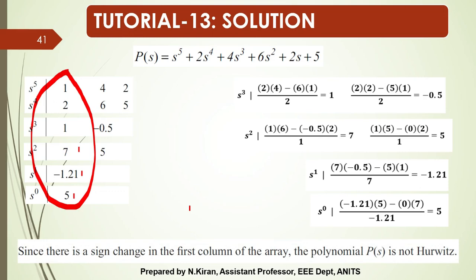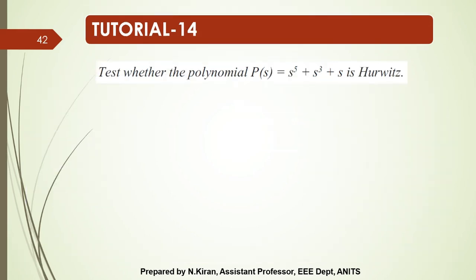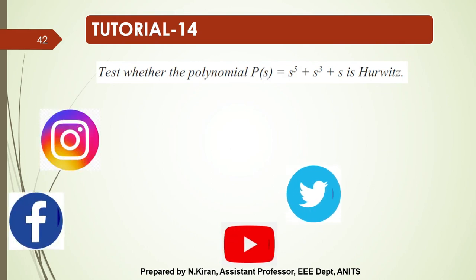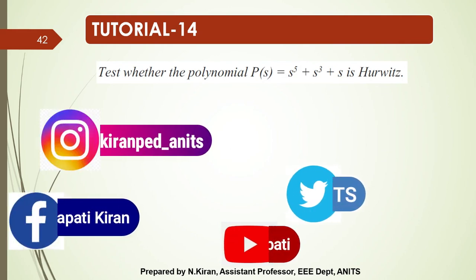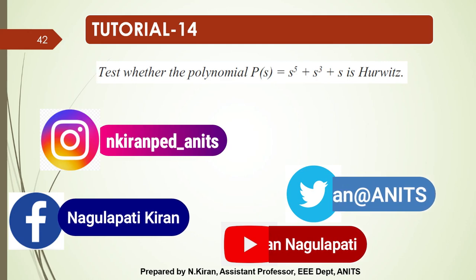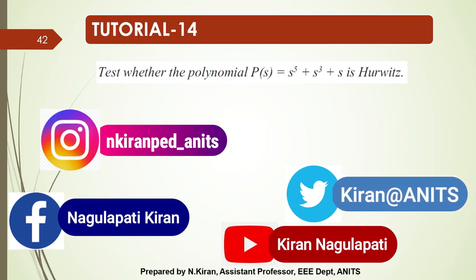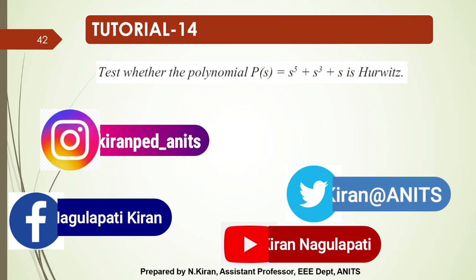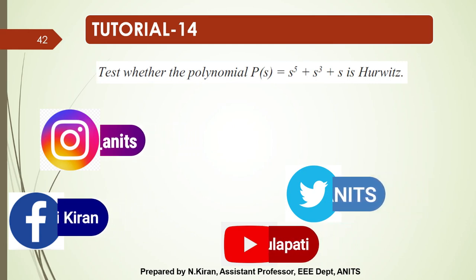The next polynomial is given as s power 5 plus s cube plus s. Anyhow, all the coefficients are positive. It may look as if there are missing terms, but this is a special case. We should not consider them as missing terms since the given polynomial is a complete odd function.